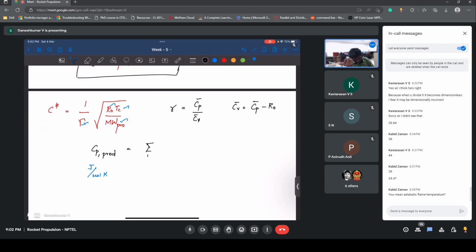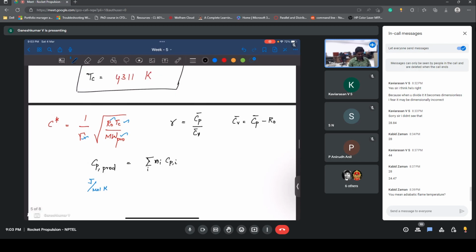So you can write the sum of Ni times Cpi. You know the individual species Cp and the number of moles, so you can find Cp of the product mixture. Once you find Cp, you can find Cv of the product mixture. Once you find Cv, you can find gamma. If you find gamma, you can go and find capital gamma.